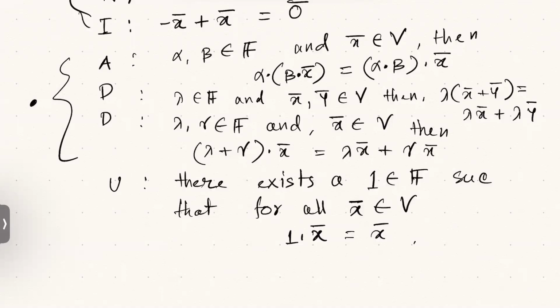So the set V over the field F with these two operations, addition and scalar multiplication, is a vector space.